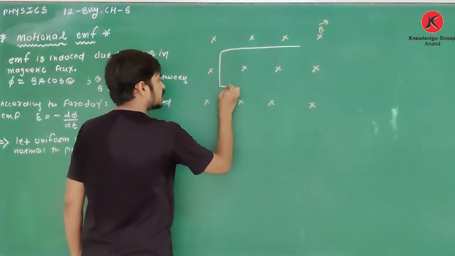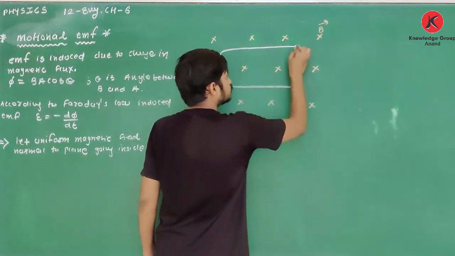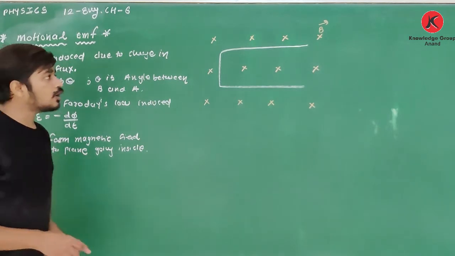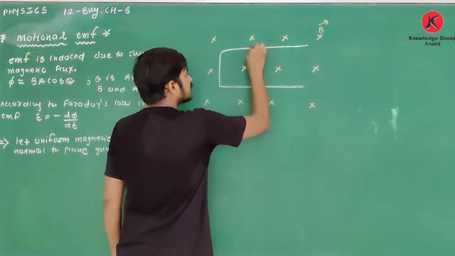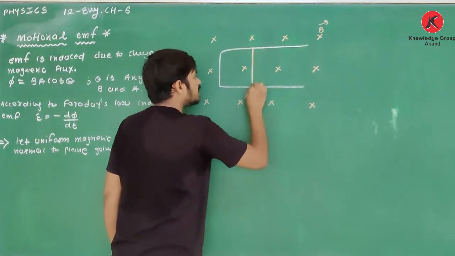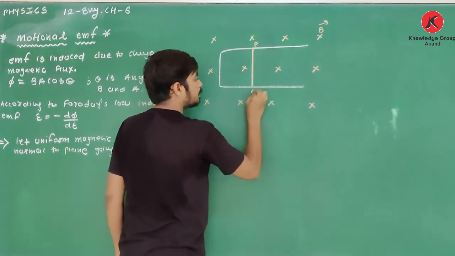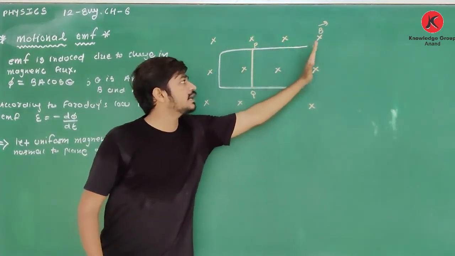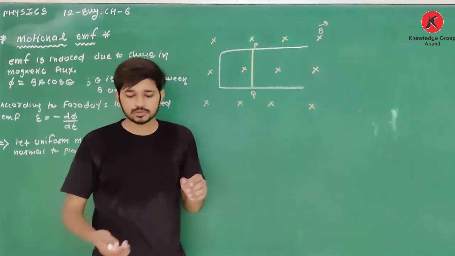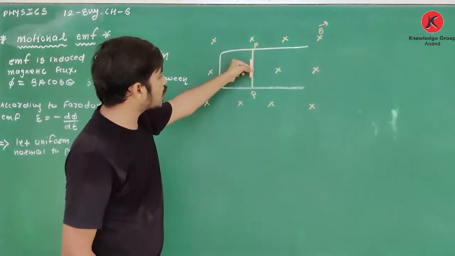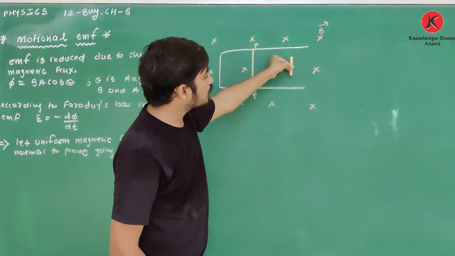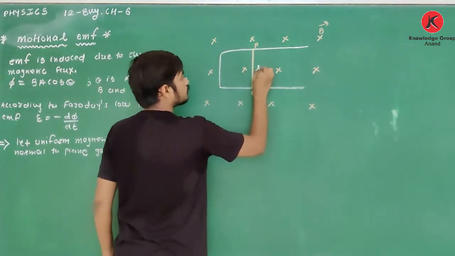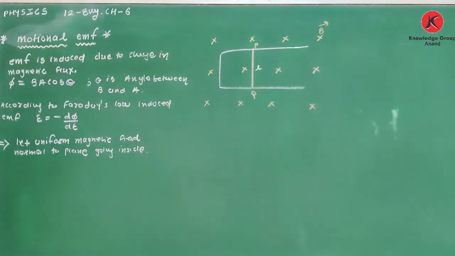On this U-shaped frame there is one wire PQ, which can easily slide between these two parallel arms. The length of this PQ wire is L.